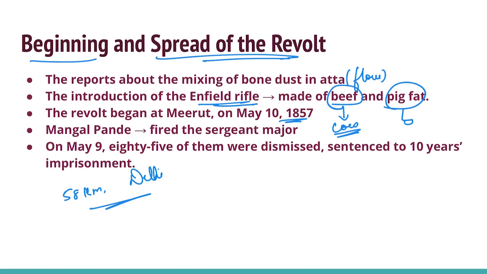Even before the Meerut incident, there were rumblings of resentment in various cantonments. Mangal Pandey was the first person who came forward, and he fired at a sergeant major of his unit at Barrackpore. Since he fired at a sergeant major, he was overpowered and executed on April 8th.